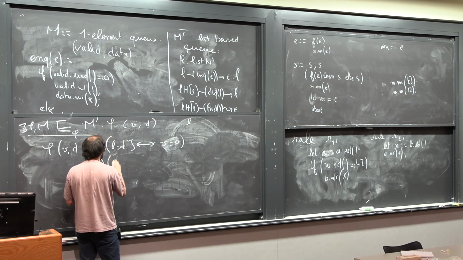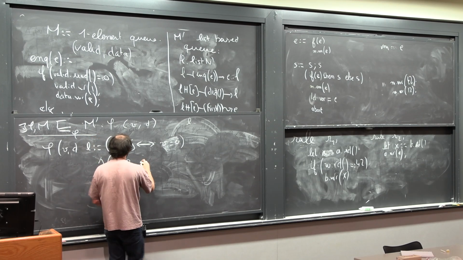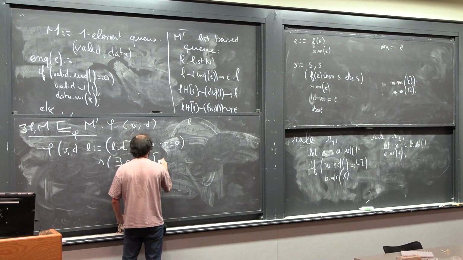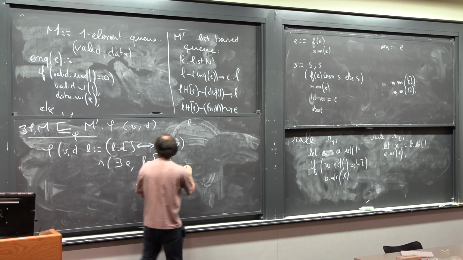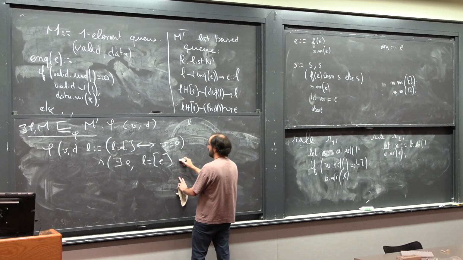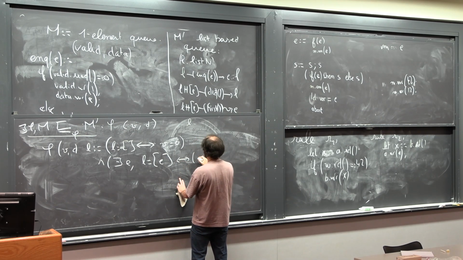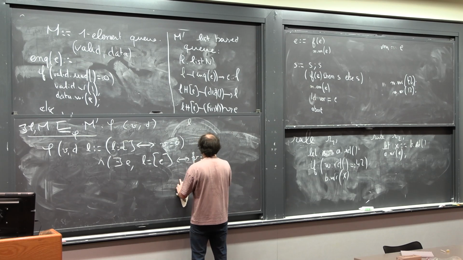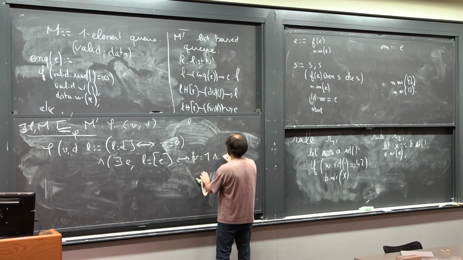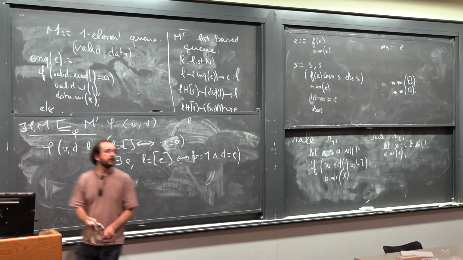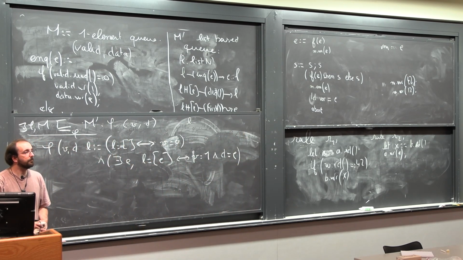The problem is we need an existential quantifier. But that's okay. V equal 1 and G equal E. Okay? So that sounds like a reasonable simulation relation to me.